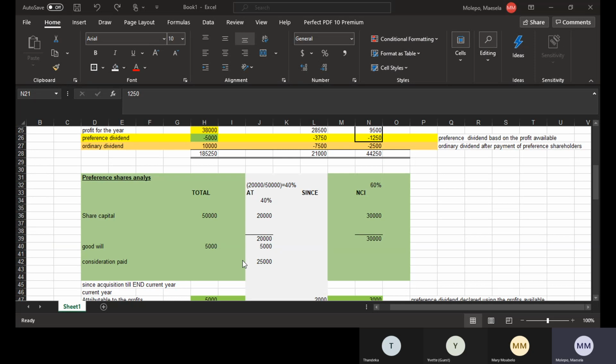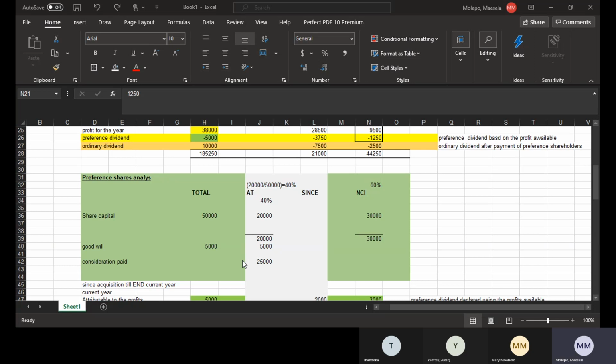On the PPE, we have the 100,000 of land and building at cost plus the 80,000, then plus the 40,000 for revaluation, then plus the 40,000 of the plant carrying amount and the 20,000 of the plant carrying amount. When you add them all together, they give you 280,000.